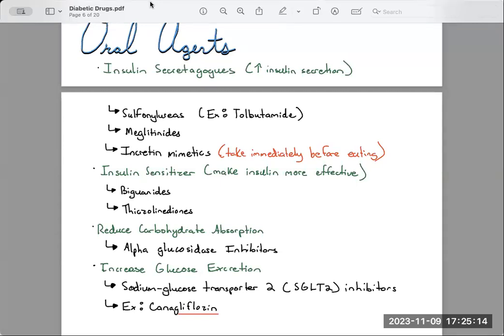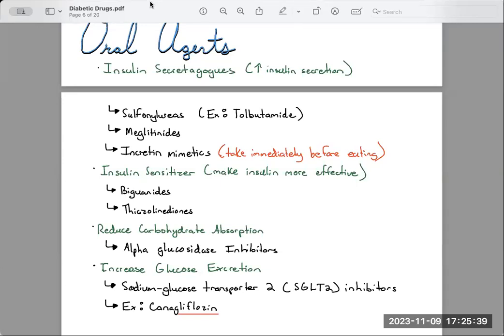And there's only going to be two classes of medications that you must take with food. Not the insulin, but the oral diabetic agents, like the insulin sensitizer, biguanide, or metformin. That one must be taken with food. So you take metformin and food at the same time.